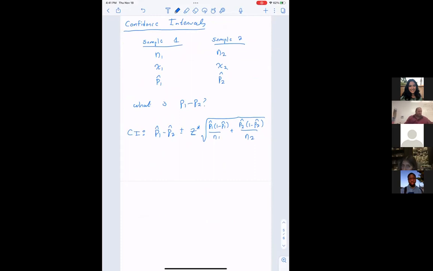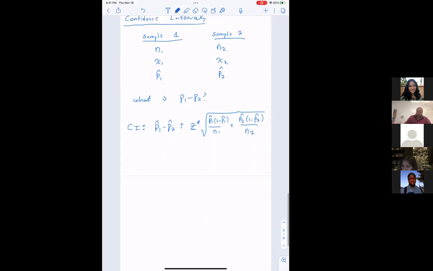And the question is, when am I allowed to use this? If you recall, for one proportion, I had to have the number of successes and the number of failures both greater than or equal to what number? You guys recall? 10.